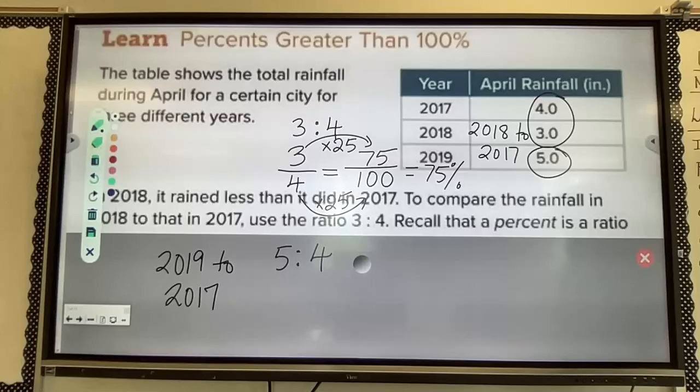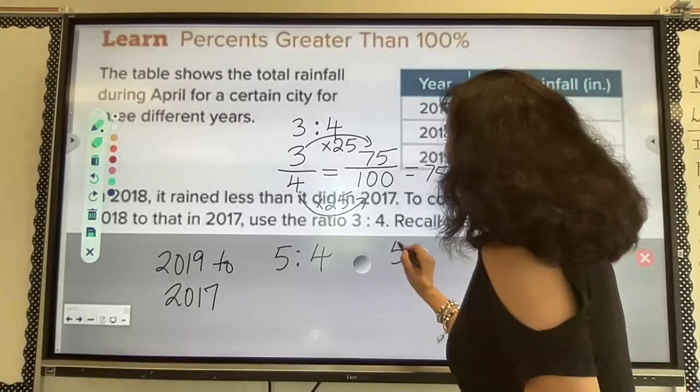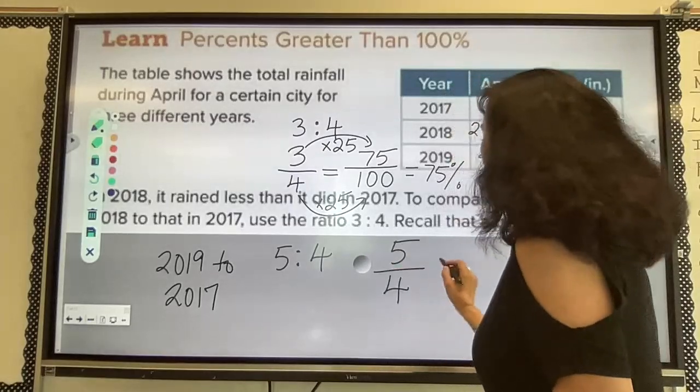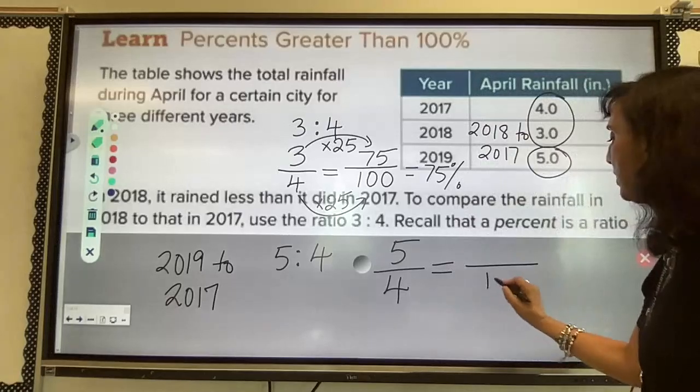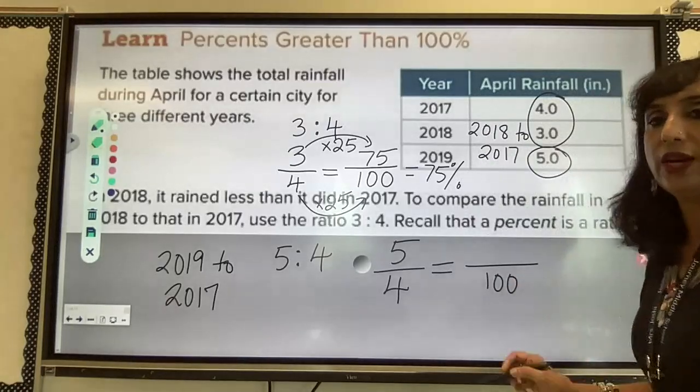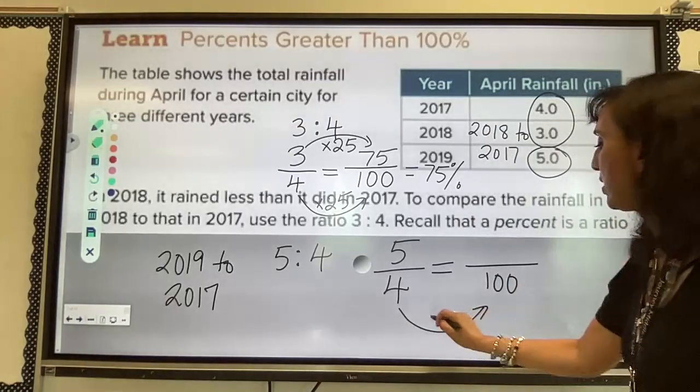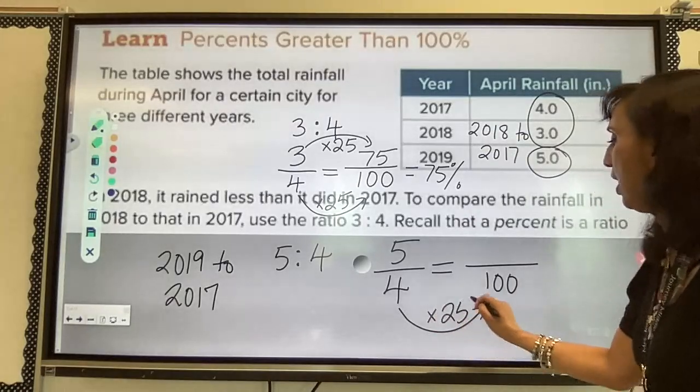If I'm looking at the part to whole in this case, we are going to use equivalent ratio. 5 over 4 is equal to what percent? Looking at this, I know that 4 times 25 gives me 100.